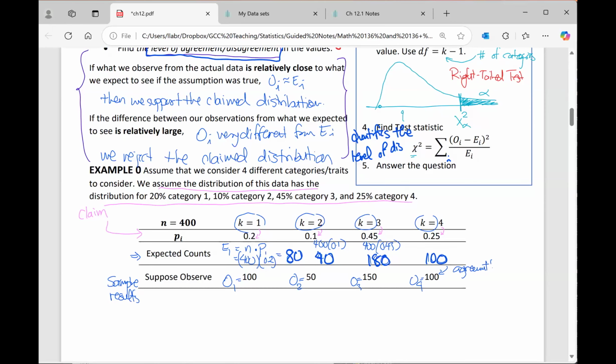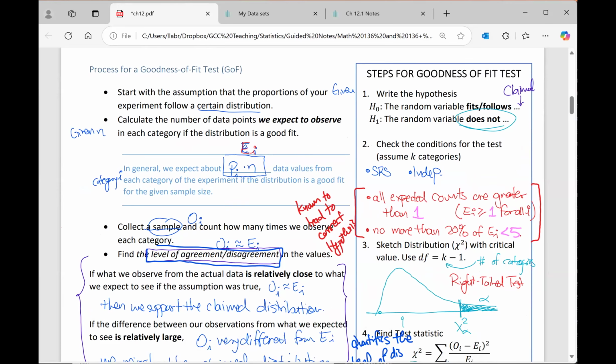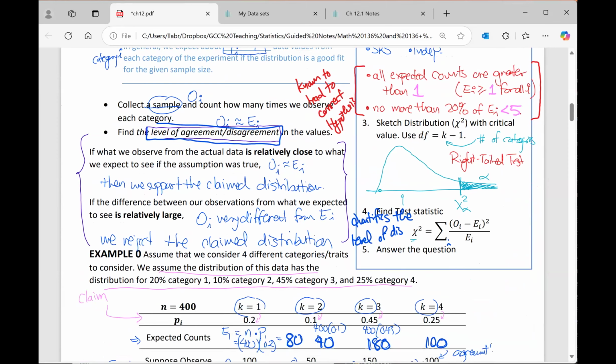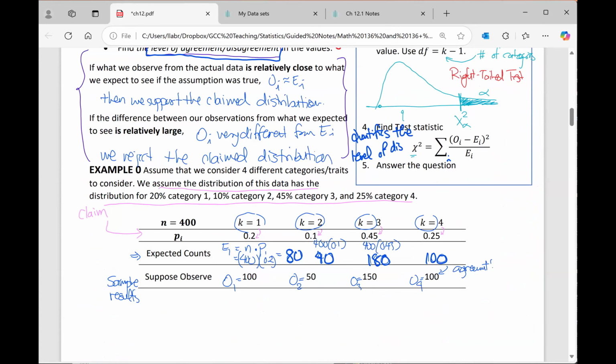All right, before you continue, I'm just going to say this out loud. I didn't write the hypothesis. This is just more or less emphasizing the procedure. And we need to go ahead and check the requirements. SRS and independence are going to be safe to assume. We will only check the expected counts. So let's go ahead and go through the motions here. Condition number 1, is each expected count greater than 1?